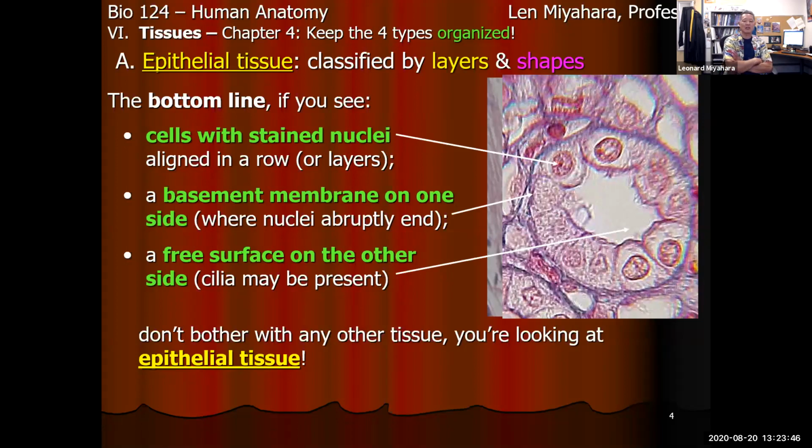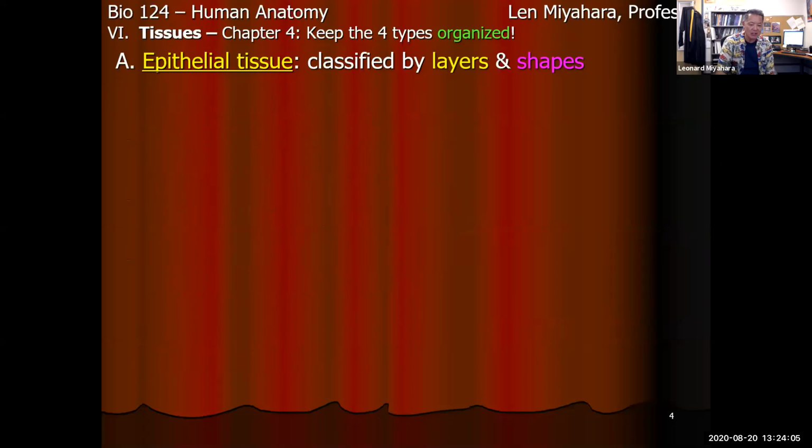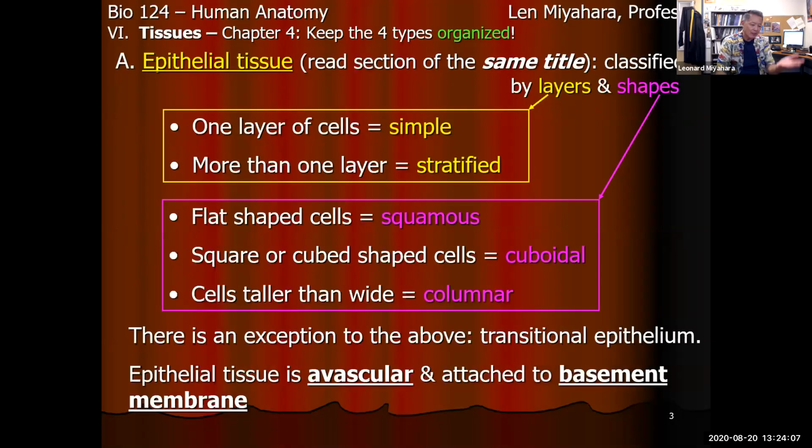Now look at that picture. How many cells thick is it? One. What's the yellow word? Simple. Look at the previous slide, two slides ago, or right here. One cell layer thick, it's simple.